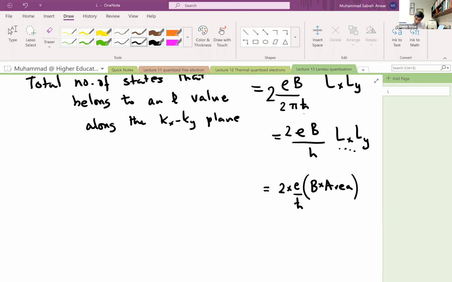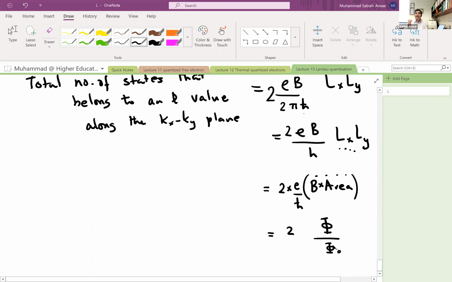And if you look at this expression here, a really important expression, what is B times area? It's the flux that passes through this area. And this factor h over e also has dimensions of flux. So let's call this phi naught.